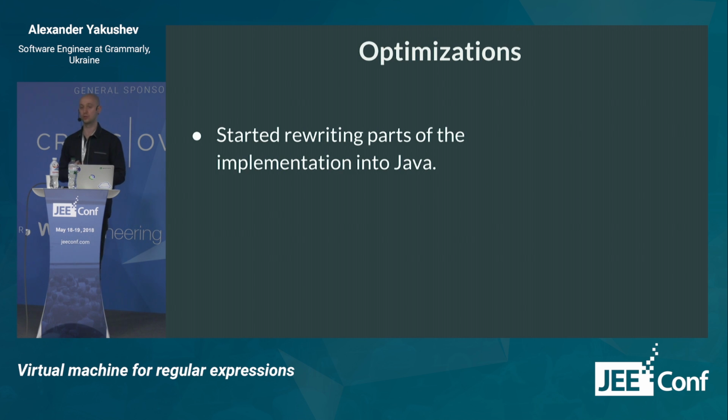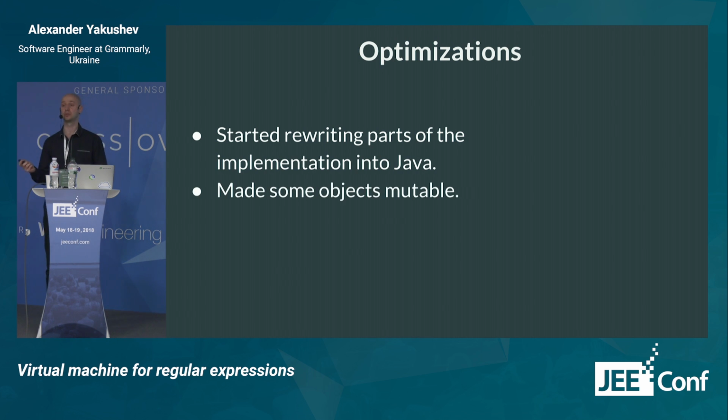So I started to rewrite the whole thing into Java, part by part. I made some objects mutable, because you might know that immutability has its own overhead. Whenever you want to change some field, you have to create a completely new object. So there is an overhead. So I started making objects mutable. The performance became better.